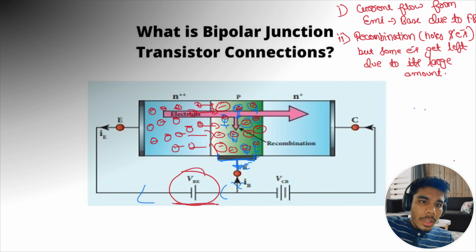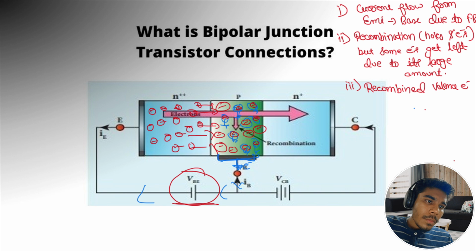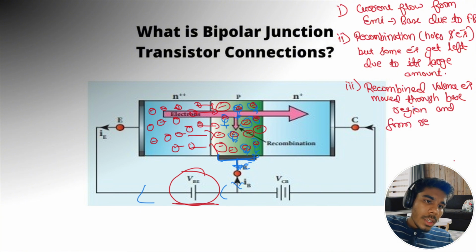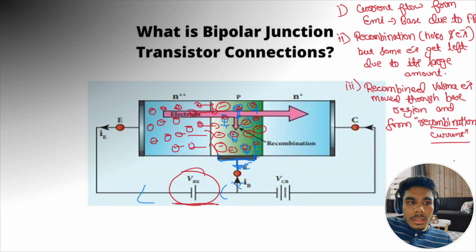The third step: the recombined valence electrons move through the base region and form the recombination current. So recombined valence electrons move through the base region and form the recombination current, which is known as the IB current, the base current.